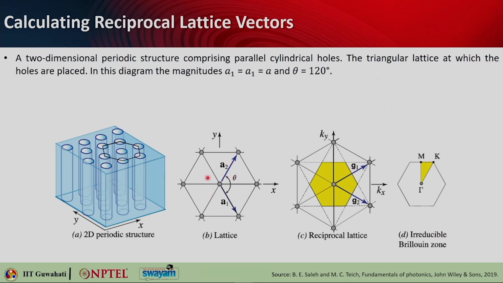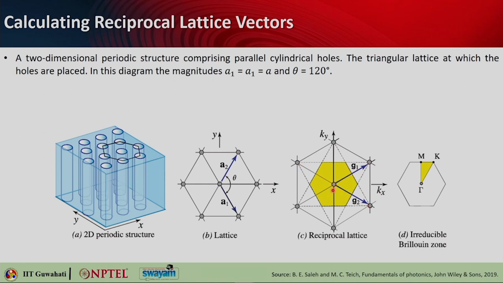From this you can always convert to the reciprocal lattice space and find out what g1 and g2 are. And in this reciprocal lattice space you can identify the Brillouin zone. How do you get the Brillouin zone? Once again, you take one center point and connect it to all other points like this.